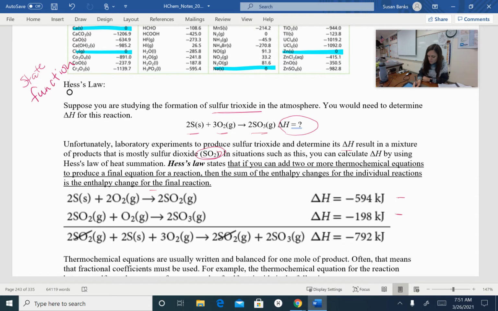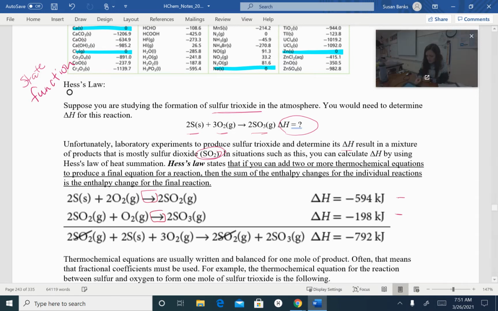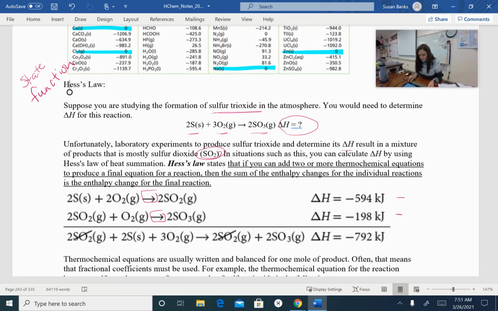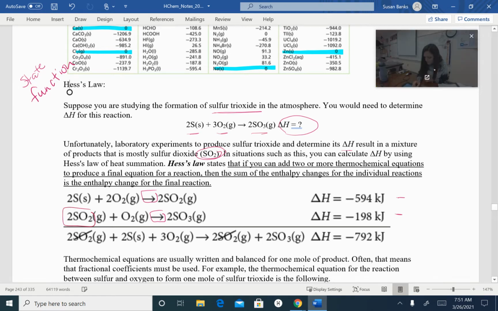So do you guys remember at the equal sign, if you had things on opposite sides, you could cancel them out? Do you remember that in algebra? So, do you see some things that I can cancel out in this equation with this series? Do you see these two sulfur dioxides here?